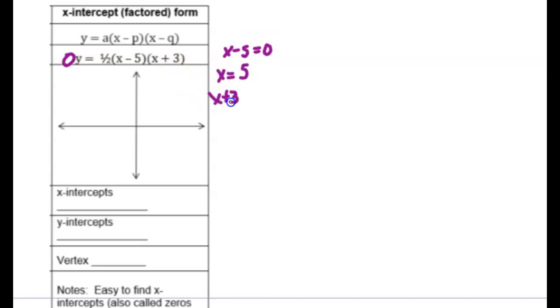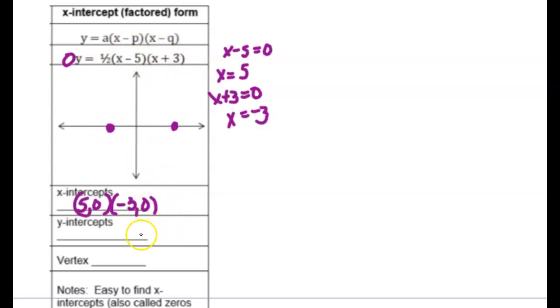If x plus 3 equals 0, I get x equals negative 3. Can 1/2 out front here ever equal 0? No, so that's just a stretch or a flip or something. It doesn't affect the x-intercepts. So they were at 5, 0 and negative 3, 0. Very easy to find because it was in factored form.